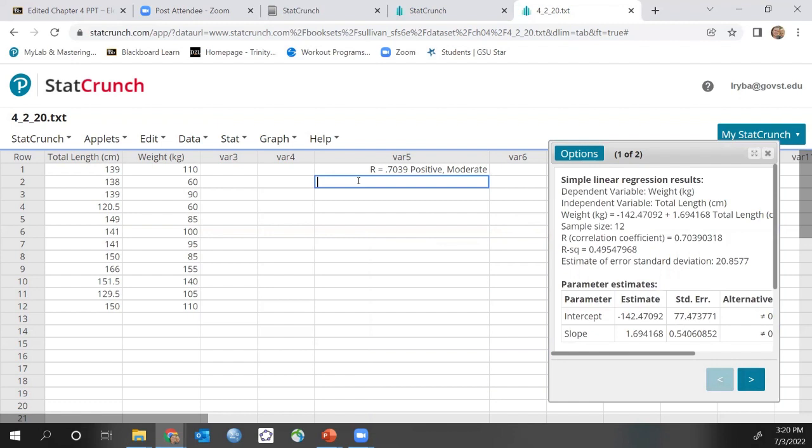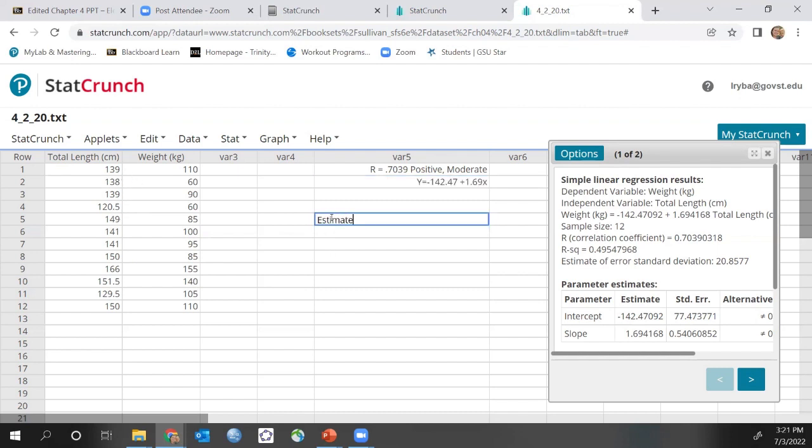Third line down is the equation. So y equals negative 142.47 plus 1.69 times your length, so 1.69x. I'm going to pick one that we only have one of, 139.